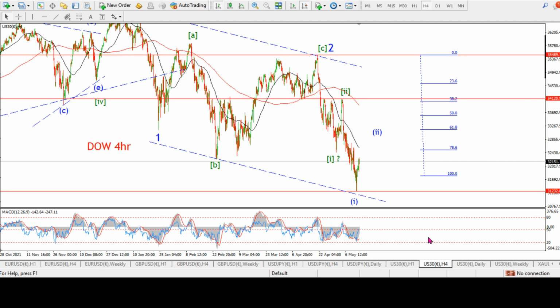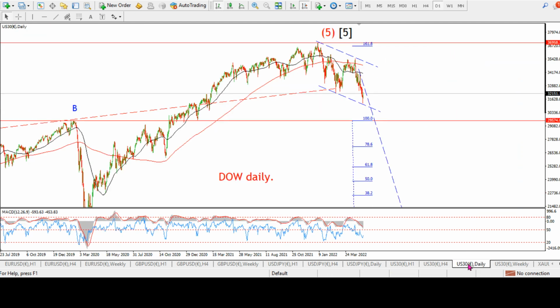Okay, here is the Dow, the daily count. Overall we have 3 waves down, but I am increasingly of the opinion that we have topped here. I think the general malaise, even though we have rallied quite impulsively to the downside.